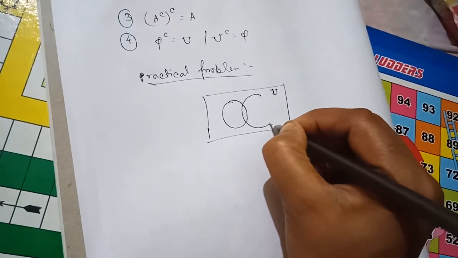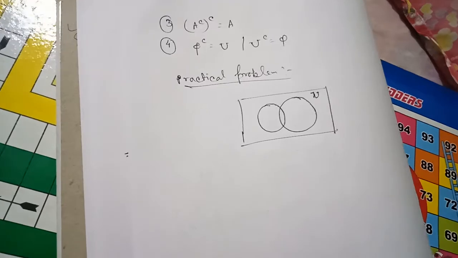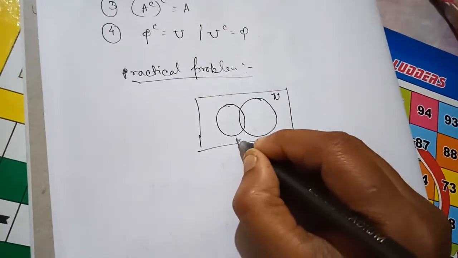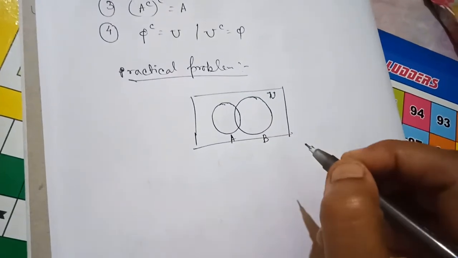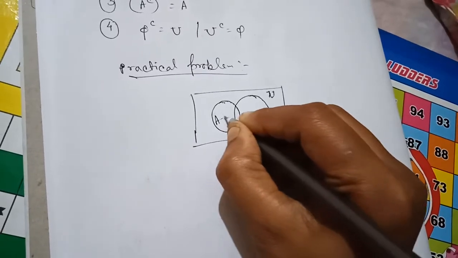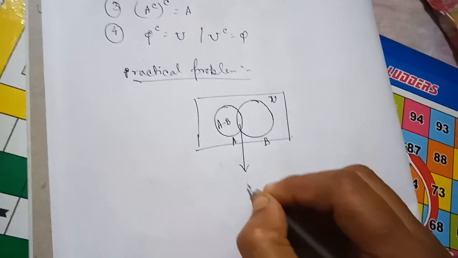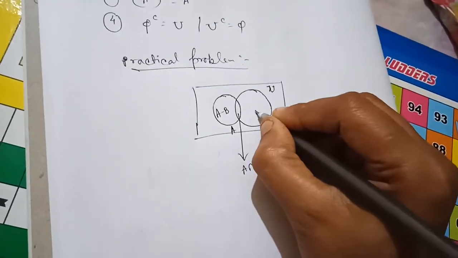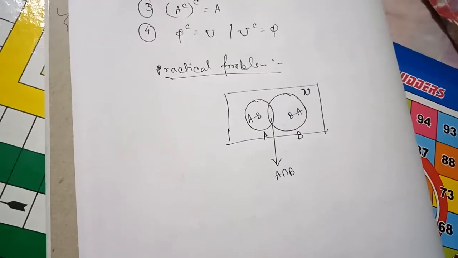I'm not taking both the same, one is bigger, one is smaller. I'm taking this one as A and this one as B. Quite simple, you all know that this is A minus B. This common part is A intersection B and this part is B minus A, which I already told.